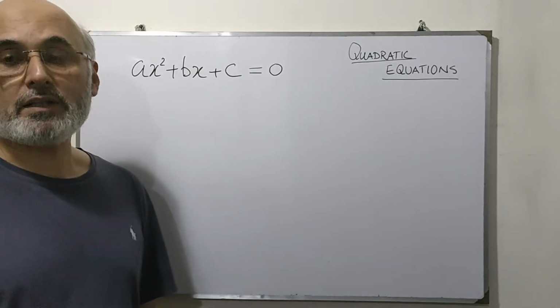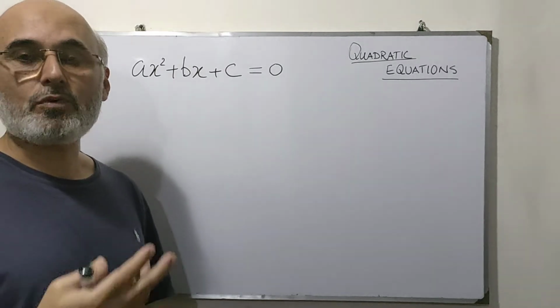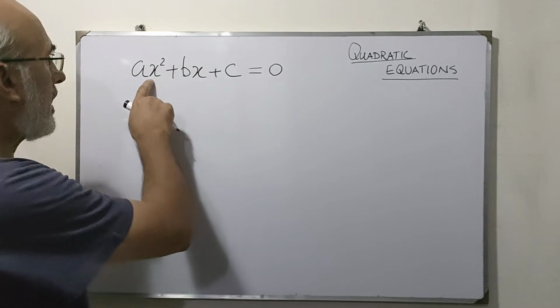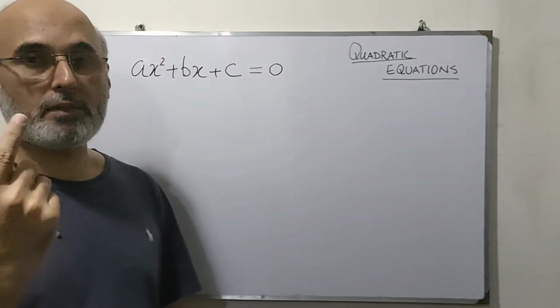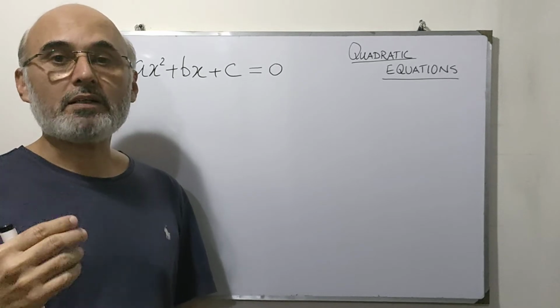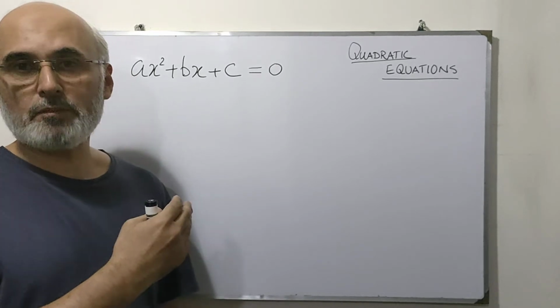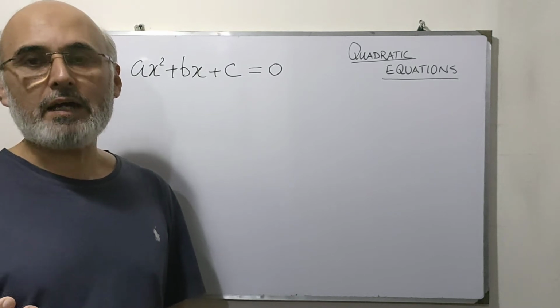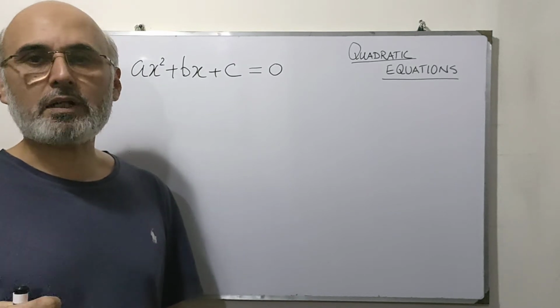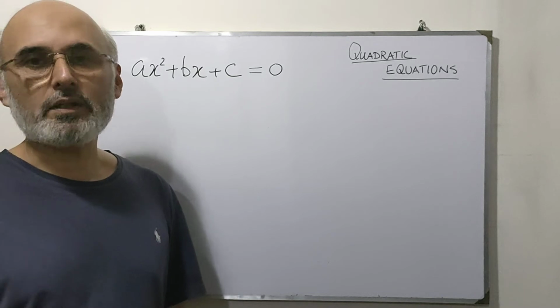We are going to get 2 values for a variable, and the variable we have is a single variable, right? X square and x, one variable. So we are going to get 2 values for this variable. So let's take some examples from the book, and it will help us understand better what the quadratic equations are.